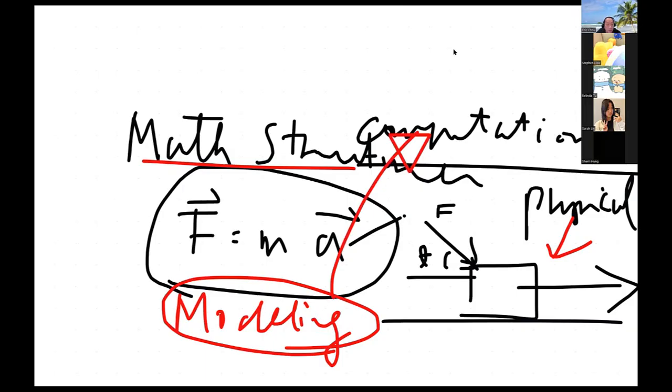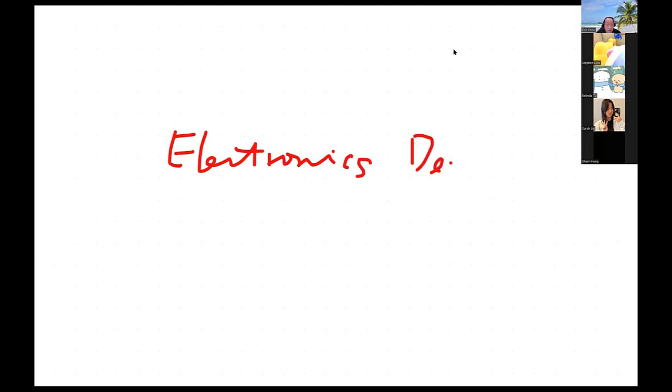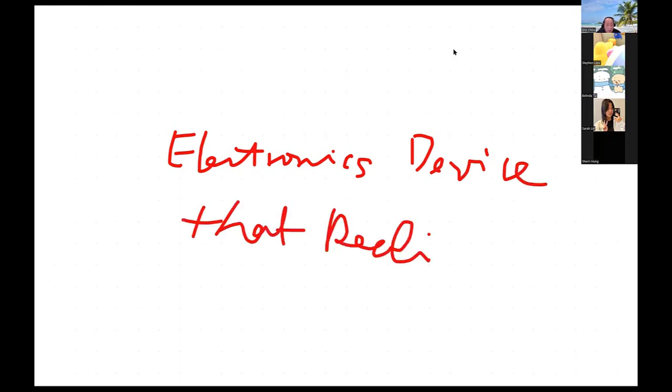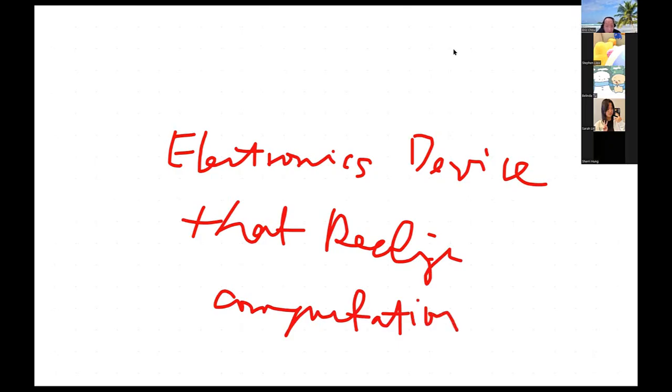So computer, that is an electronic device that realizes computation. Okay, electronic device that realizes computation.